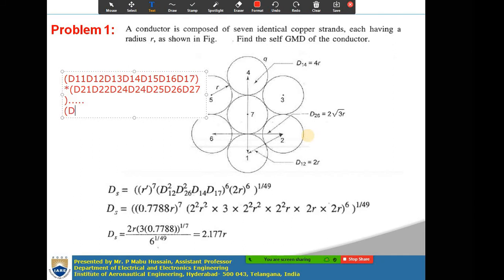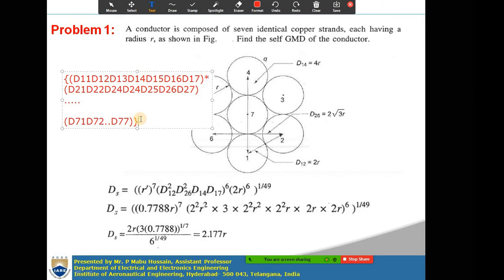When you consider the seventh, D71, D72 and so on, D77. Whole to the power of 1 by 49, 7 square, which is 49.